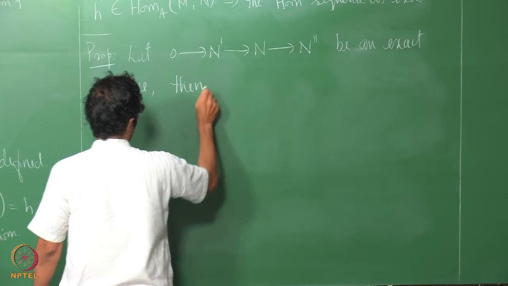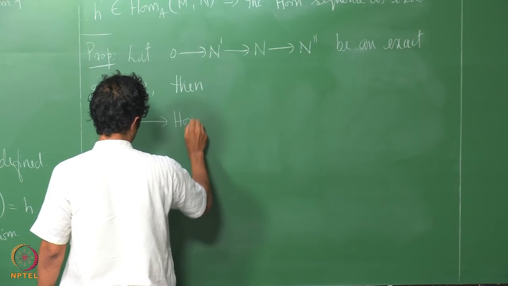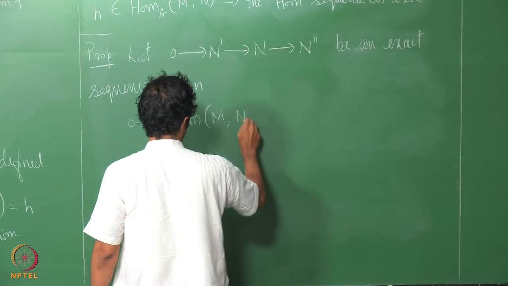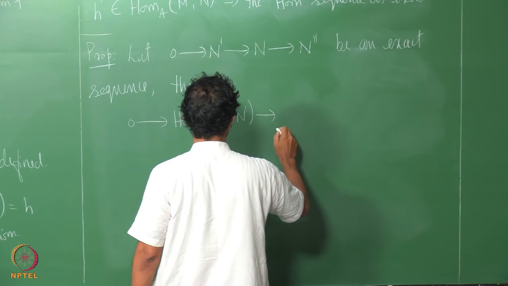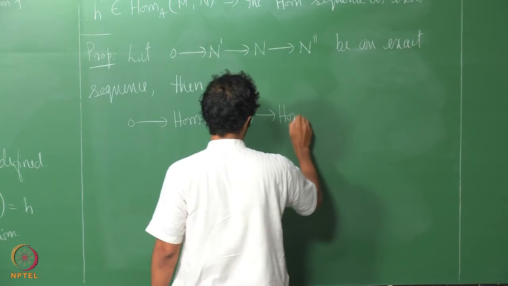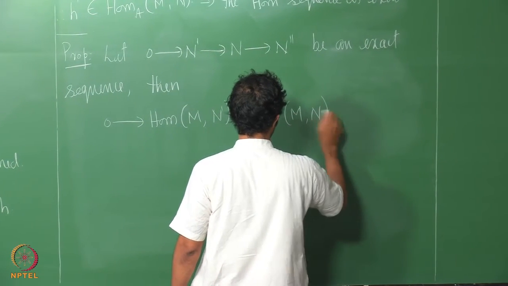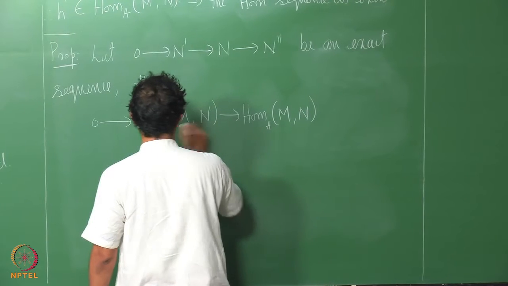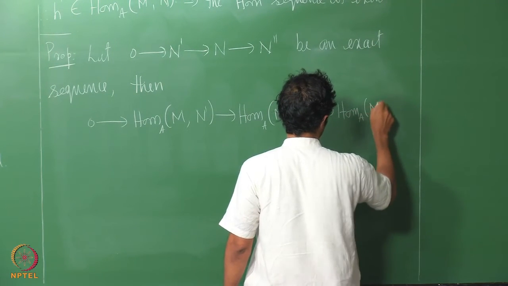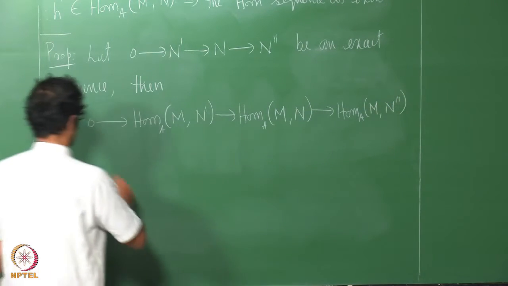Then 0 to Hom(M, N prime) to Hom(M, N) to Hom(M, N double prime) is exact.